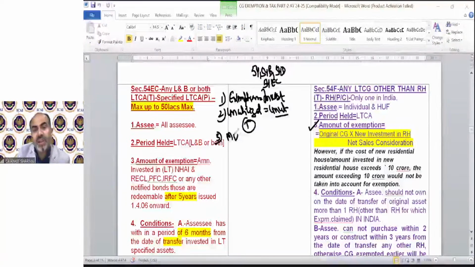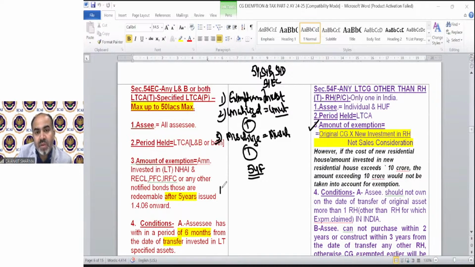How much misutilized amount is going to be taxable in this section? It says the misutilized amount. There is no formula. But under section 54F, when you need to find out the exemption, you have to apply this formula.